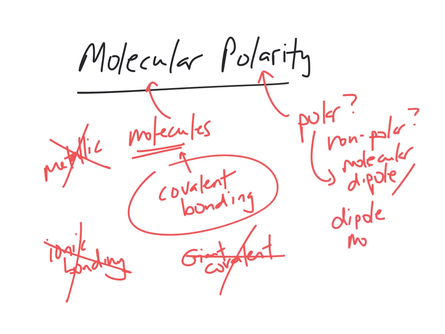These are all terms that we use. What it really means to be polar, to have a molecular dipole, or to have a dipole moment, is that one side of the molecule is positive and the other end is negative. Is there a charge separation across the molecule? That is going to be the question.